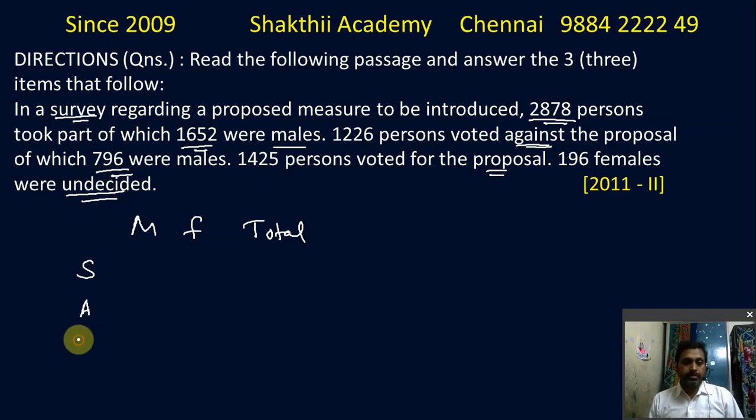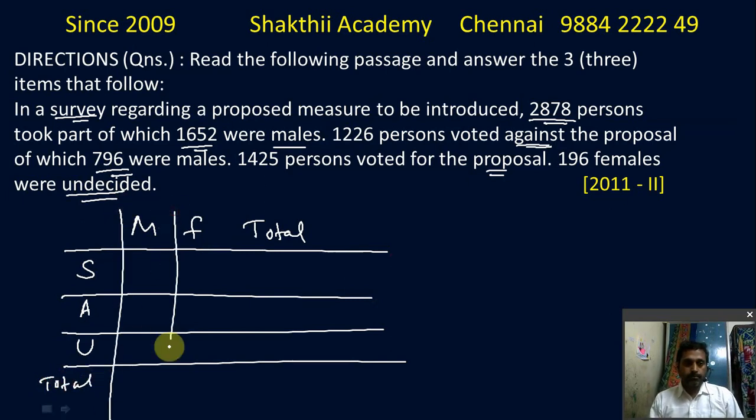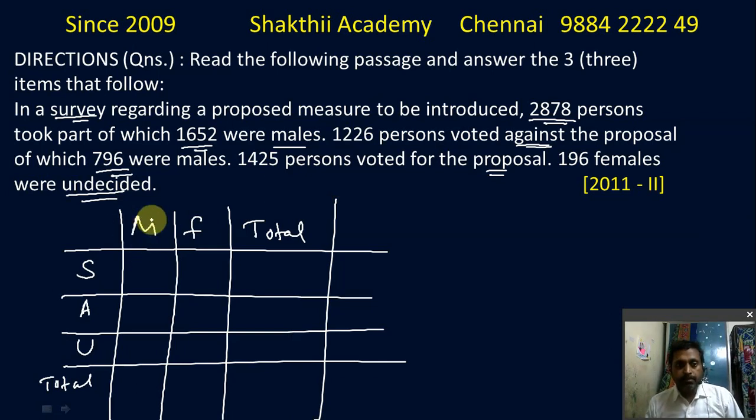So undecided people. Now I put a table, and with the help of the table I can answer all the questions in a very easy and faster way. What I am writing here is number of male, number of female and total people participated in the survey, and people who support, people who are against and people who did not decide anything, that is undecided, and total people.